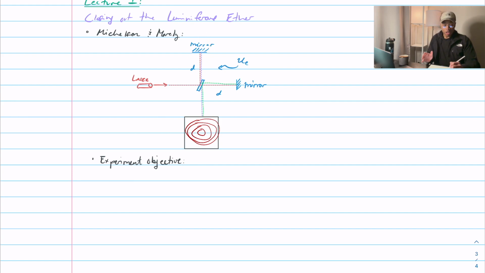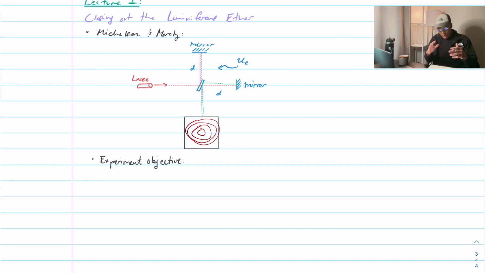Both mirrors are placed at a distance d from the beam splitter. And now here comes the purpose of using a monochromatic light source, i.e. a single wavelength light source. Once the beams of light bounce off of the mirror, go back to the beam splitter, and go down to the detector here, where I've highlighted some interference fringes, what you will see is an interference pattern.